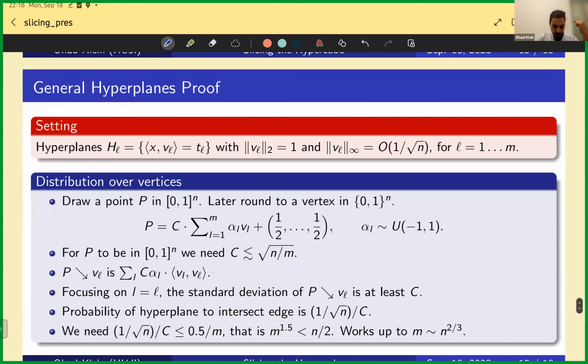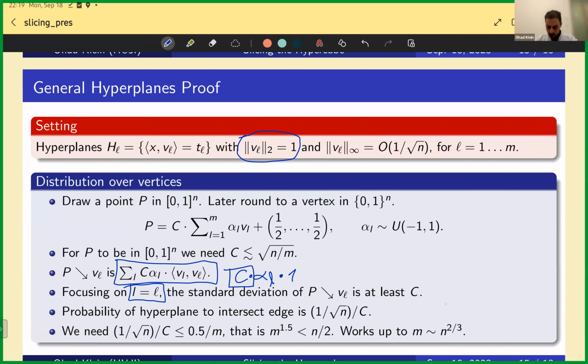So why does this value have a large standard deviation? Consider L equal to the L coming from V. Now in this sum, we are going to have a term which is C times alpha_L times 1, because we assume that the L2 norm of the vectors is 1. And so we have standard deviation of about C for this projection.